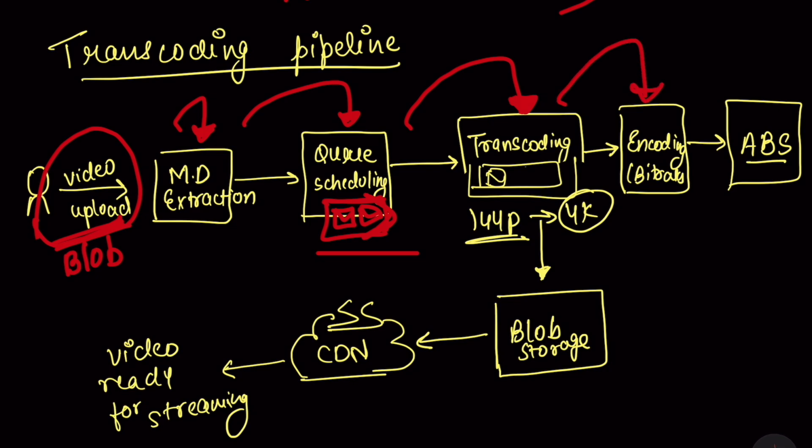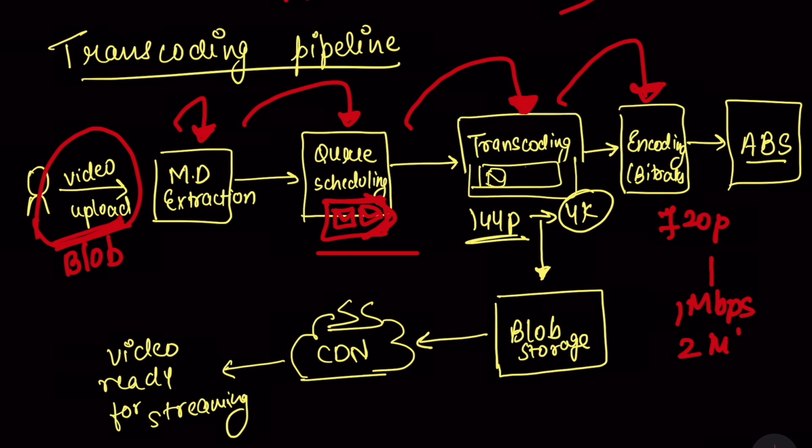Then we have the encoding. Each resolution will then be encoded into multiple bitrate versions. For instance, the 720p video may have 1 Mbps, 2 Mbps, and 4 Mbps versions to support different network conditions. Then we have the segmenting for ABS.